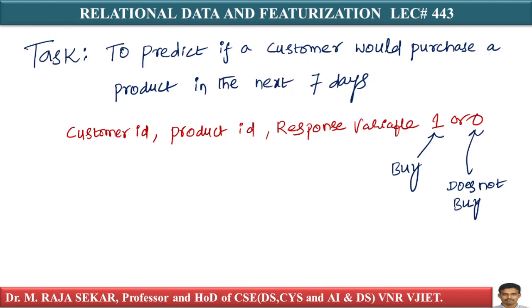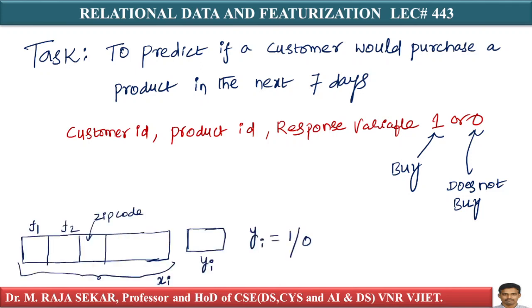Given a customer ID and product ID, you need to come up with a feature vector xi. Xi is your feature vector, and yi is buy or not buy in the next 7 days.